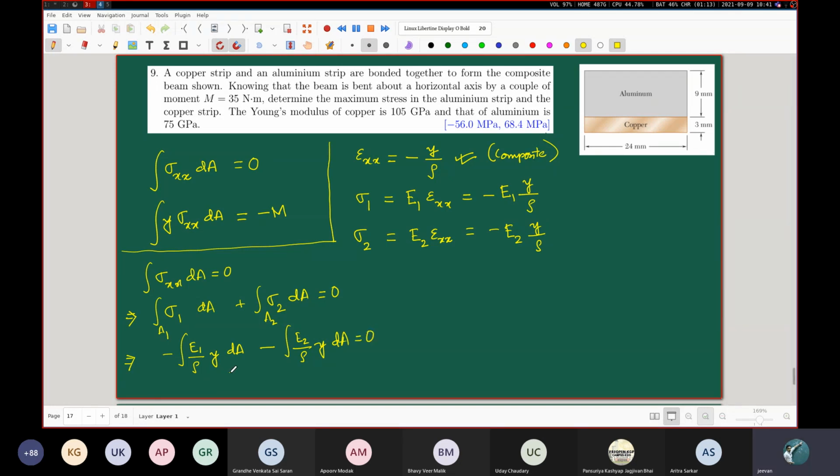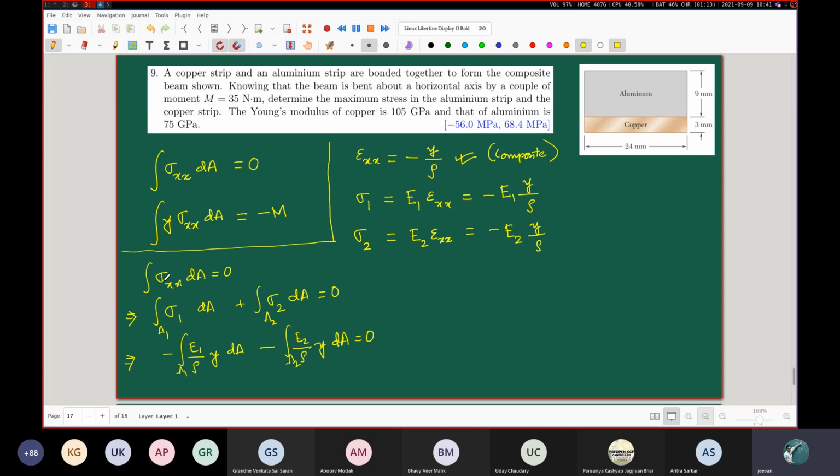And again, now we are going to utilize the same kind of argument which we had used yesterday. Over a particular cross section, you can immediately understand this E1 is just a constant. It has no dependence on the y. This E2 has no dependence over the y. And when I say it has no dependence over the y, you have to understand that it has no dependence as far as the area 1 is concerned, as far as the area 2 is concerned for these integrations.